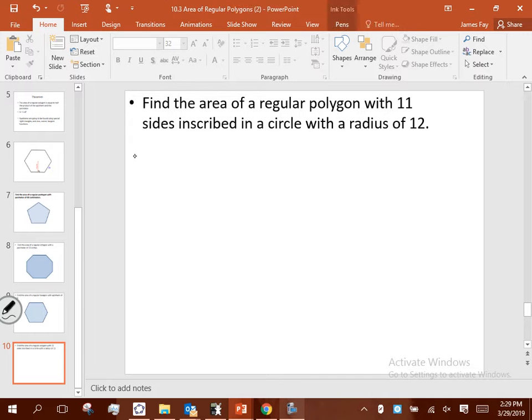There are some things that I want to talk about in regards to just the setup of these things. The formula, always 1/2 AP. Okay? Always 1/2 AP.